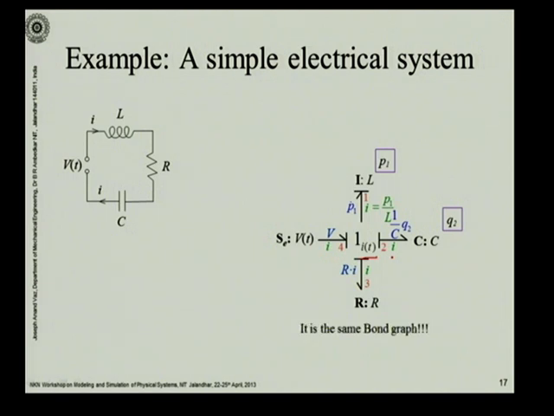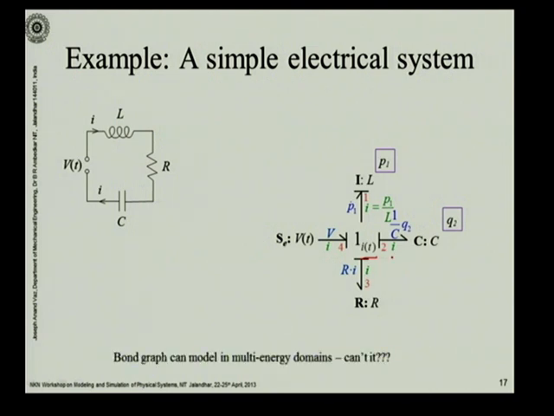It is the same bond graph, it looks like, and it certainly means that bond graph can model in multi-energy domains. Using the same set of elements, you can represent models in different energy domains. Your basic alphabet for your language is the same, but now you are able to represent the same script for Hindi, for Konkani, for Marathi.